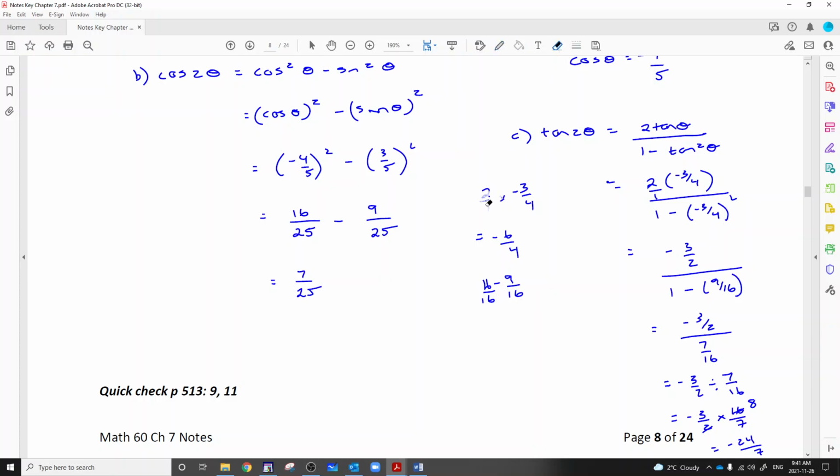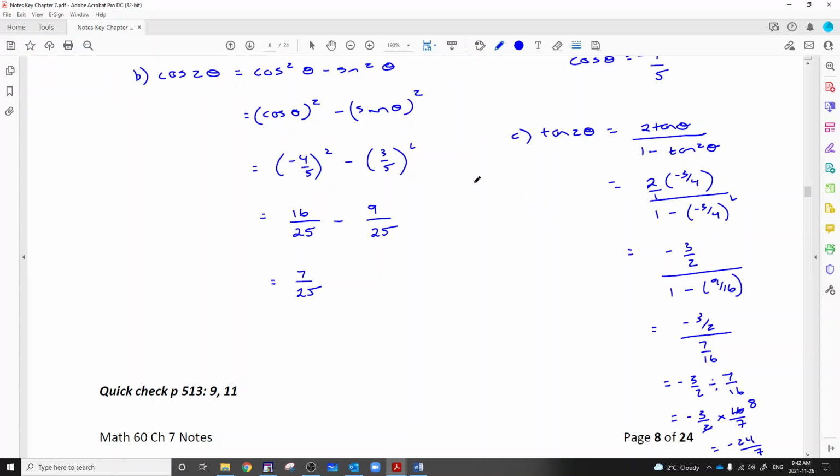But this question already made us find sine 2 theta and cos 2 theta. So if this question had these 3 parts and you had already found sine 2 theta and cos 2 theta, you wouldn't have had to do this whole thing.